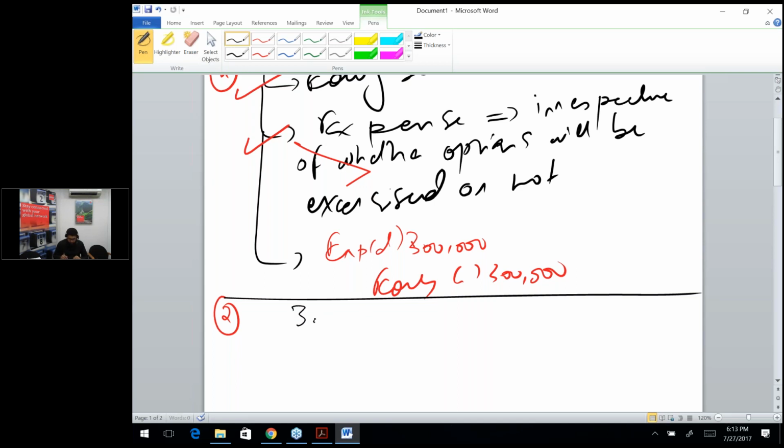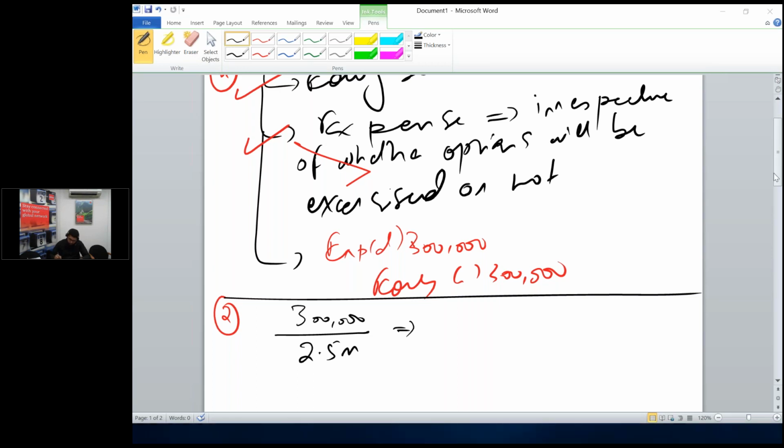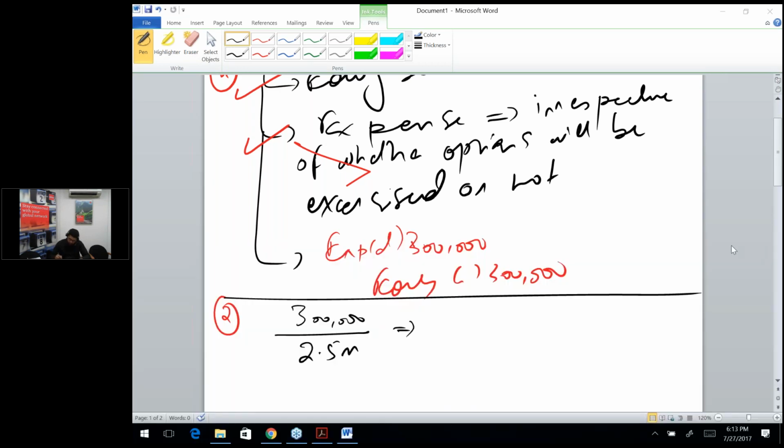I'm going to say 300,000 divided by the total revenue of 2.5 million. You don't have a profit, but since the expense is a P&L item and we don't have the availability of the profit, we can compare it with the revenue. So 300,000 divided by 2.5 million gives you what? Can anybody please confirm how much it is? 12%.